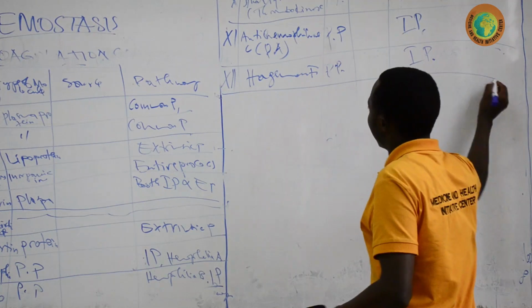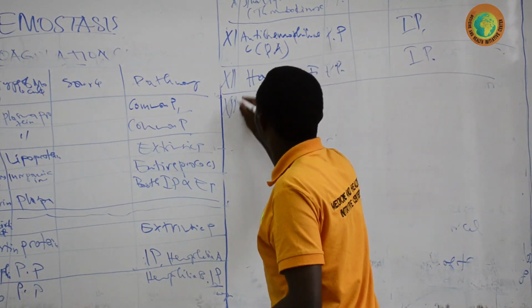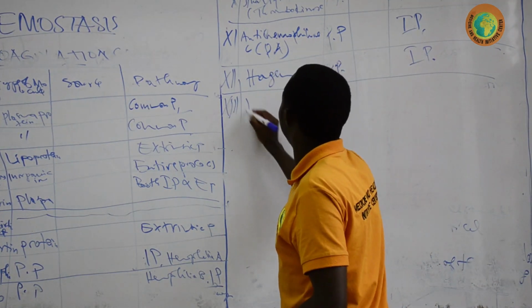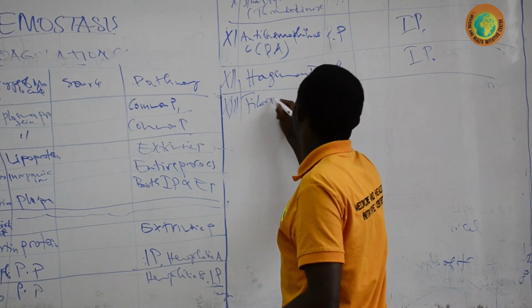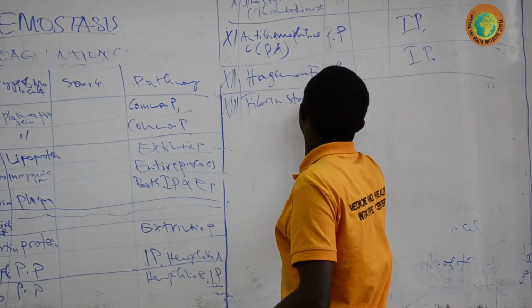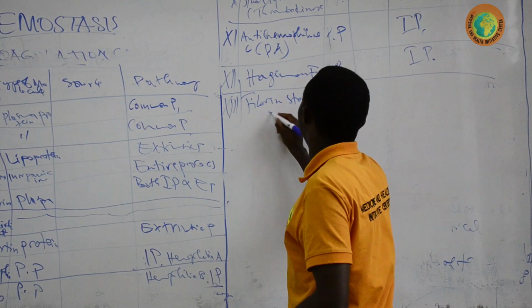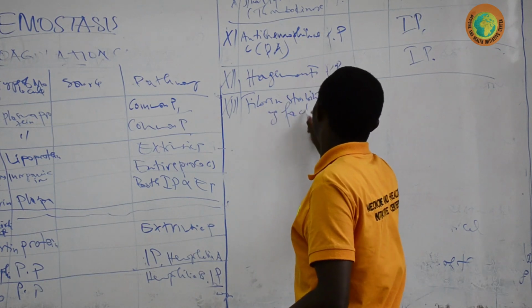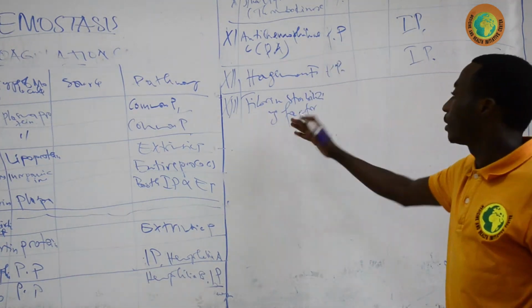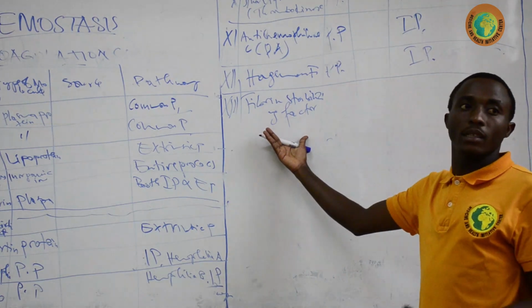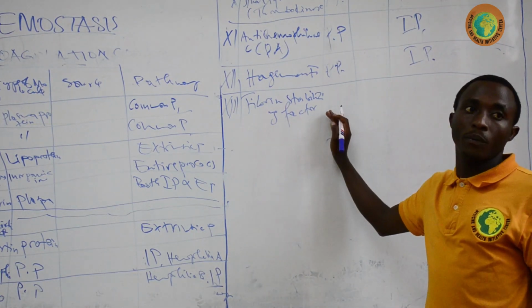The last factor, factor 13, is called fibrin stabilizing factor, which is a plasma protein.